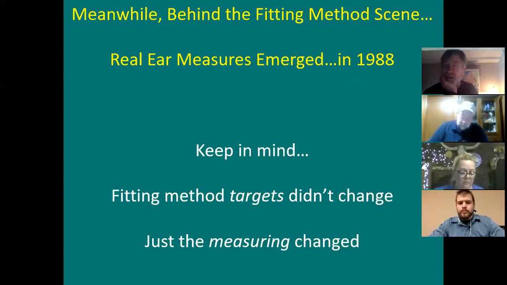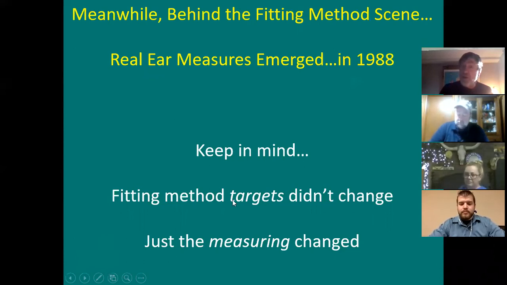You'd be sitting there trying to adjust the hearing aid so that your aided threshold would match the target that you probably had to calculate by hand. I'm serious, hearing aid fittings took over an hour. What happened was the fitting method targets didn't change, just the measurement method changed. Now you had real ear.